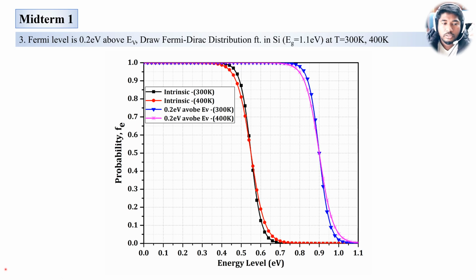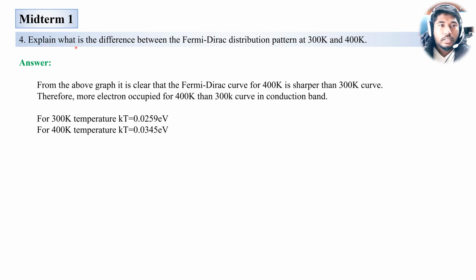Our next question is: explain the difference between the Fermi-Dirac distribution pattern at 300 and 400K temperature. We know that at higher temperature, more electrons are excited and go up to the conduction band.